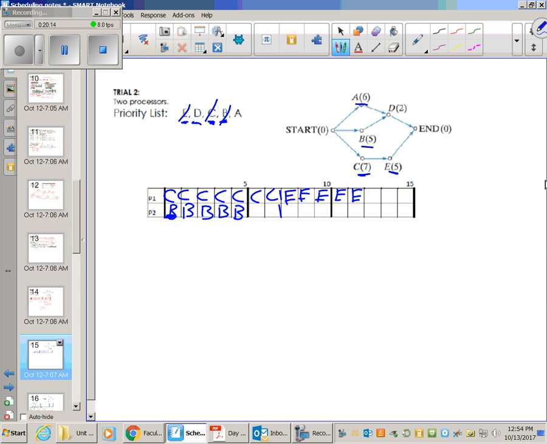All right, going back to D, I still need A to be completed, so I'm going to skip to A. A is ready, and I'm going to give that to P2 as well, because there's no need for overlap there. You can overlap with anything. And that's the farthest left that goes with P2. 1, 2, 3, 4, 5, 6.